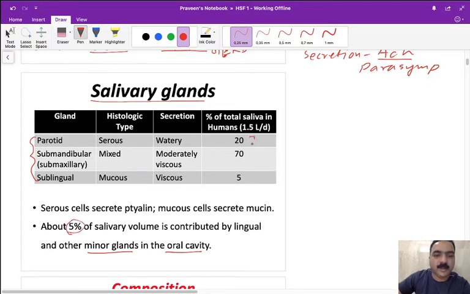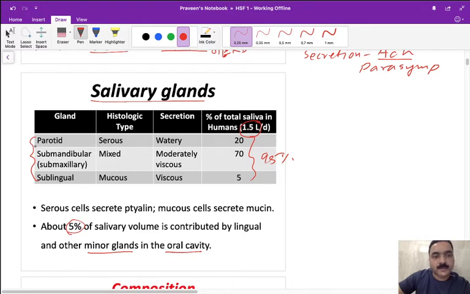The remaining 95% is contributed by these glands, which is about 1.5 liters of saliva secreted per day on average, quite a huge number.